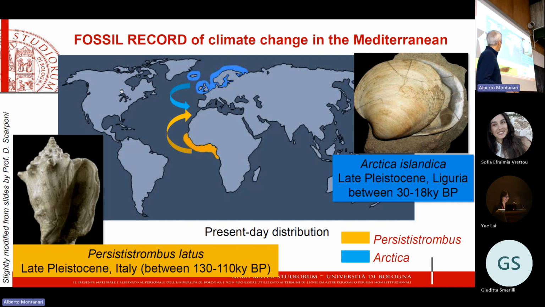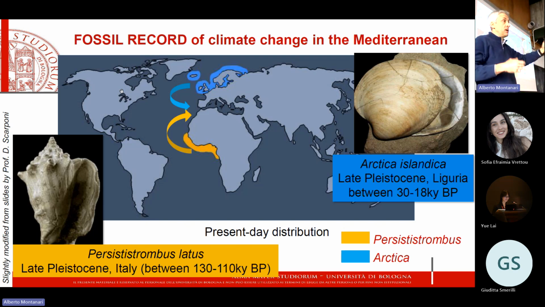Similar things for another species called Arctica islandica, that now can be found in Iceland. Today, we also find it in the Mediterranean some time ago, at another date than the Persistis thrombus.